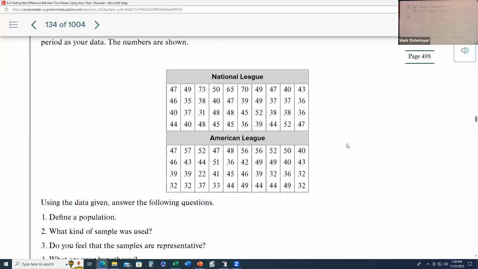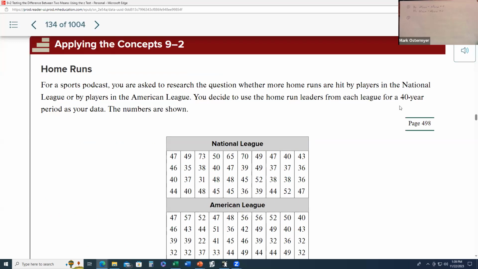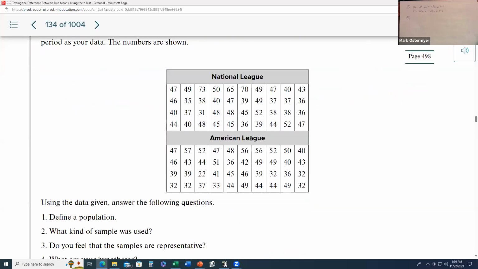So we could test this using the raw data here. These are the number of home runs hit by various players in each league. Are the mean number of home runs hit by players in the National League greater than the mean number of home runs hit by players in the American League?